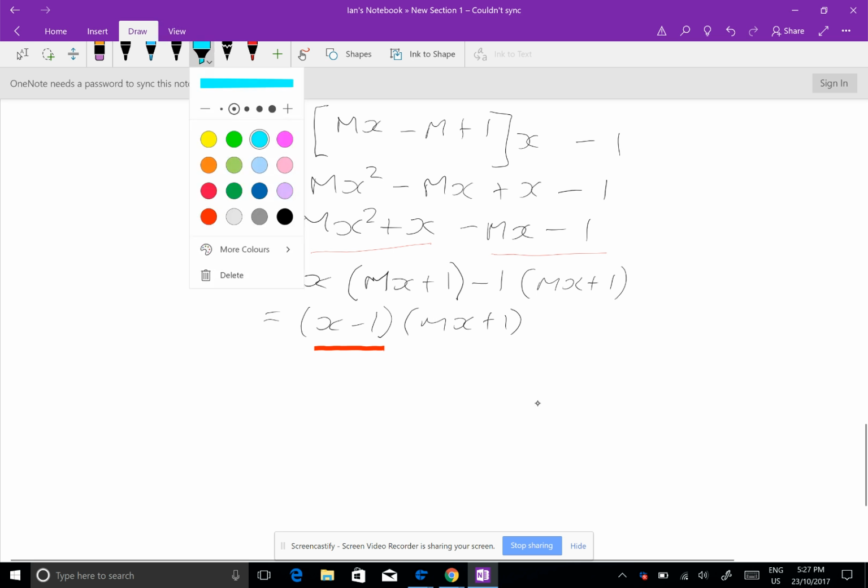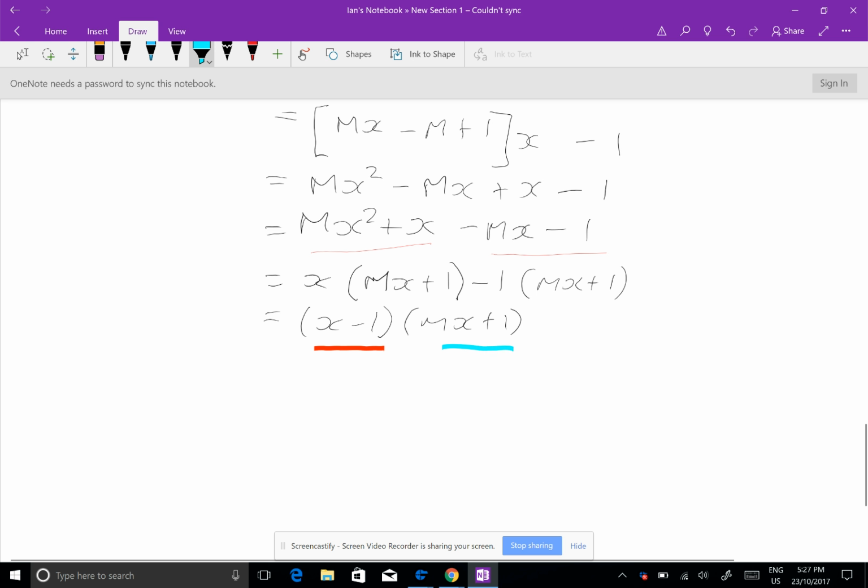And this here, since m is an integer, so is mx plus 1, because x is an integer.